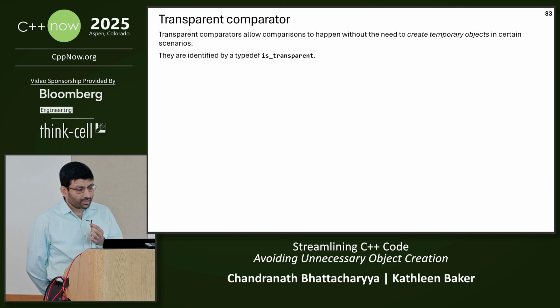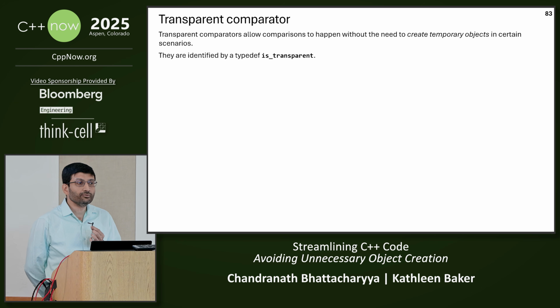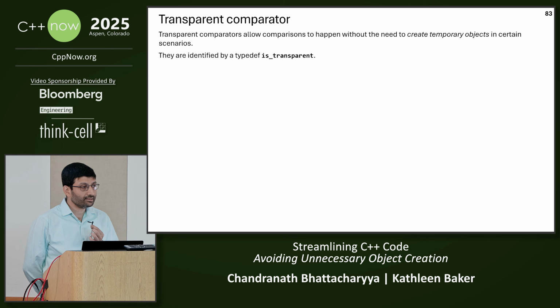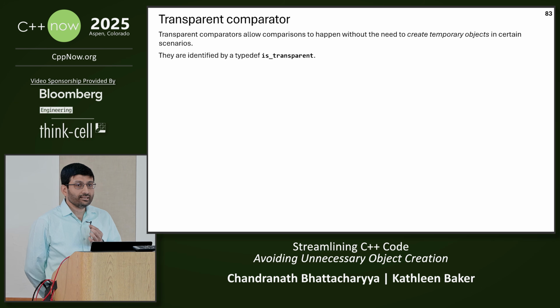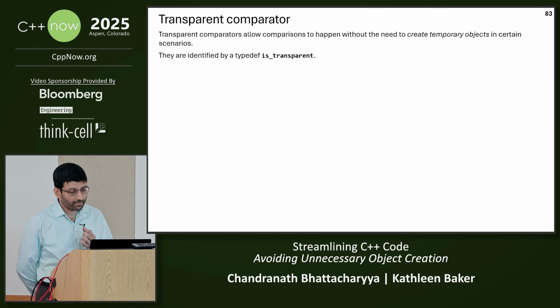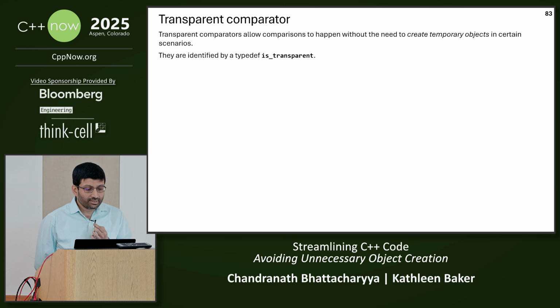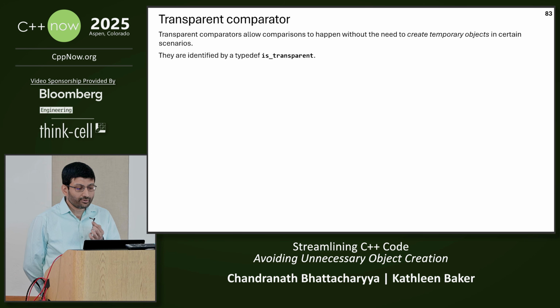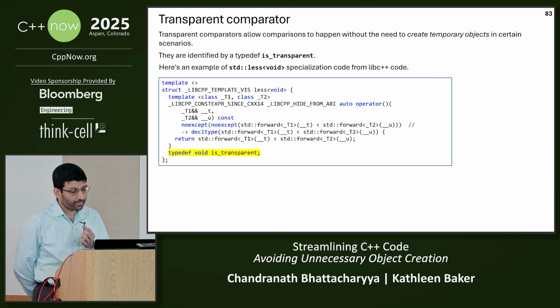And in C++14, they were added only for map, set, multimap, and multiset. They were added in C++20 to unordered_set, unordered_map, and those unordered associative containers.